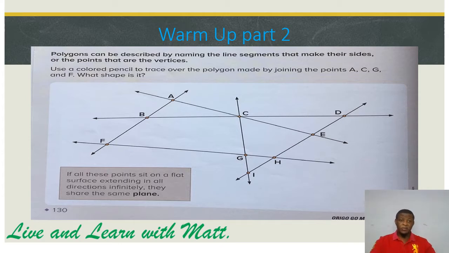Polygons can be described by naming the line segments that make their sides, or the points that are the vertices.